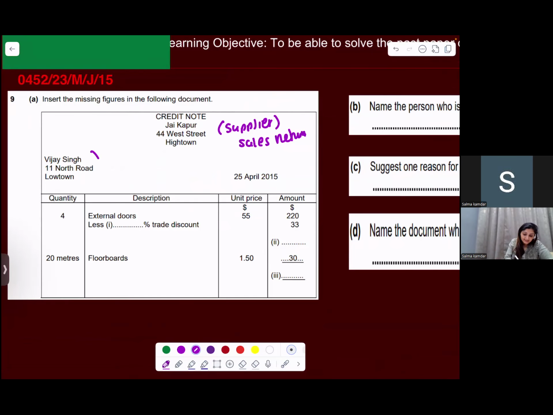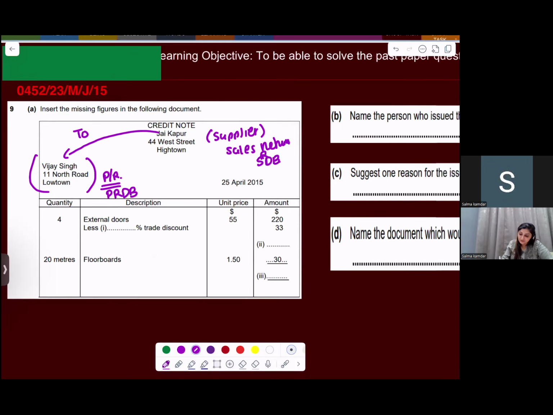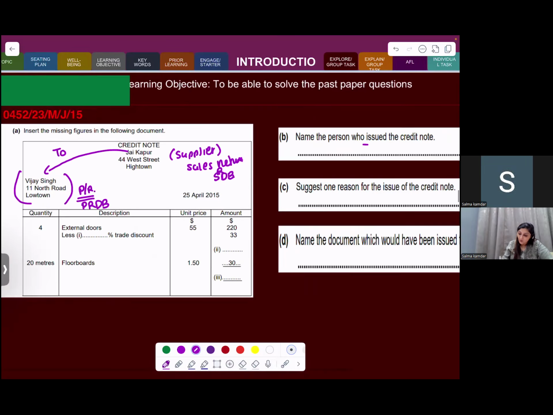And Vijay, it is issued by Jai Kumar to Vijay. So he would pass entry for purchase return. This would be in the sales day book, sales return day book. This would be in the purchase return day books. When he issued the credit note, it would be Jai Kumar.